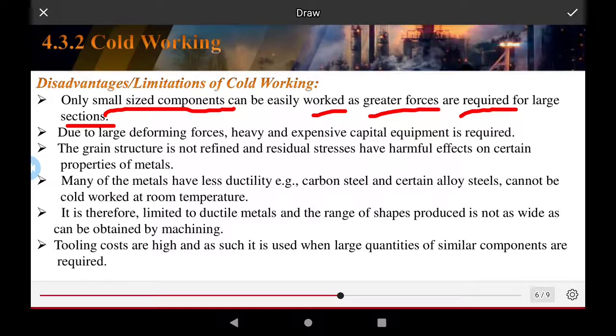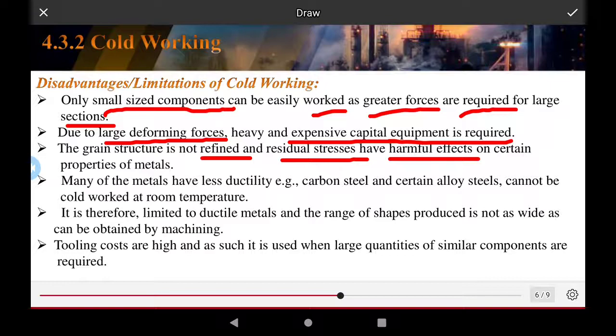Due to the large deforming force, heavy and expensive capital equipment is required. Grain structure is not refined.